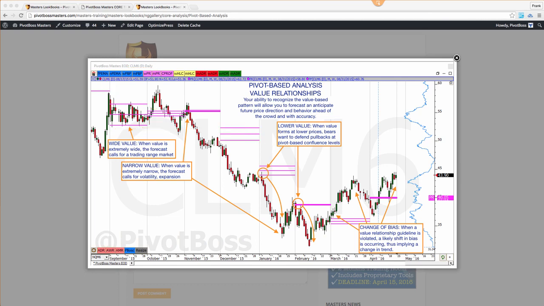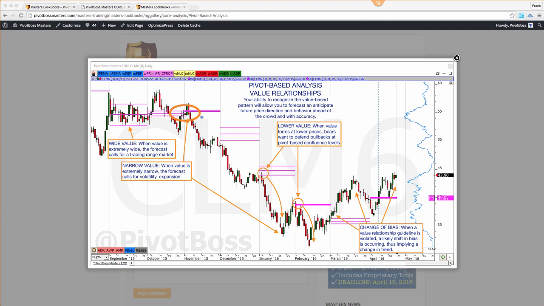So what we're looking at right now are pivot range examples, where we're looking at basically the value relationship. The way I look at the pivot range is as a value area, or a type of value area. You can use the actual market profile value area, or you could use the distance between H3 and L3 as a value area for the Camarilla pivots.